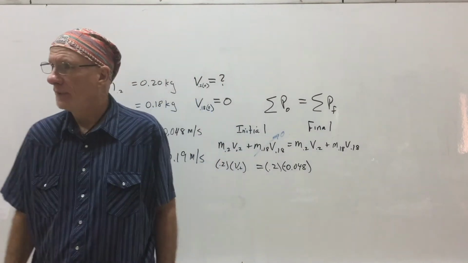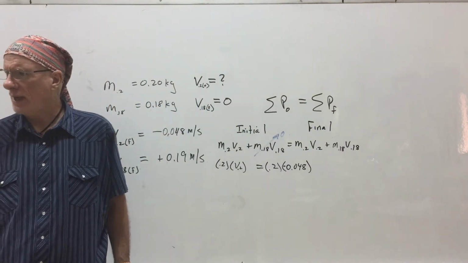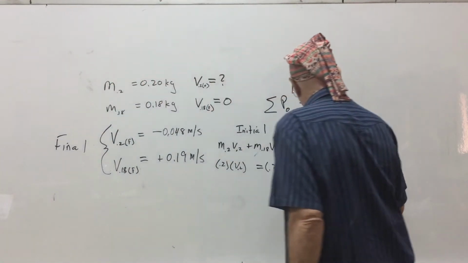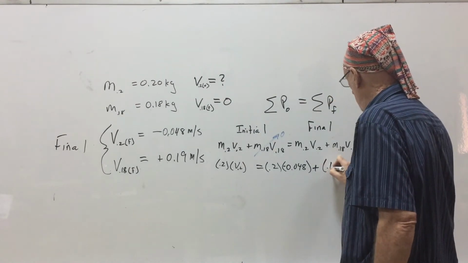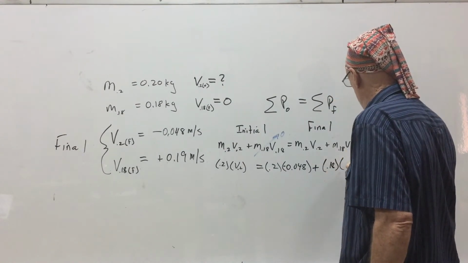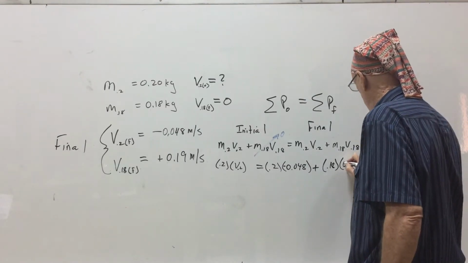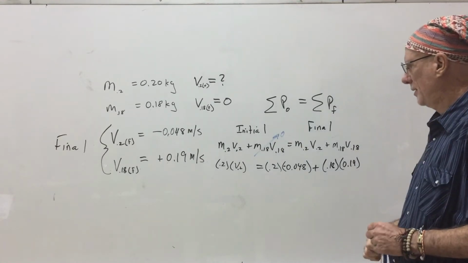Could you check that number again? Is it 0.048? Okay. And then, this is going to be 0.18 times 0.19. Correct? Yes. All right?